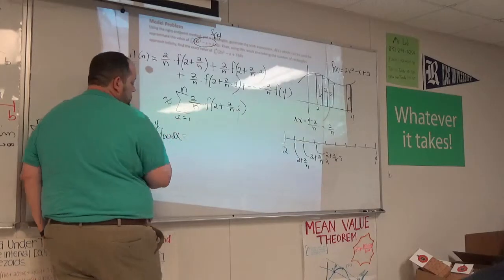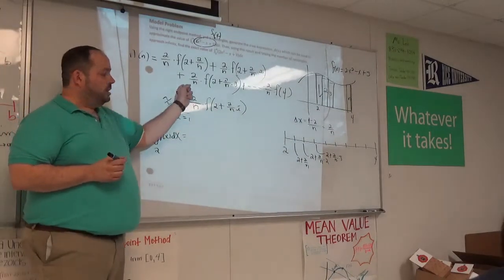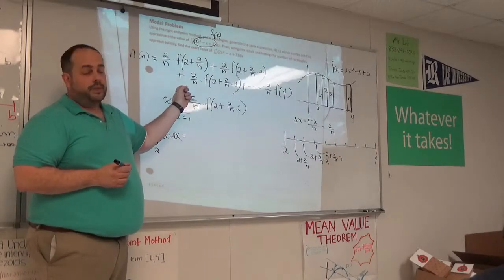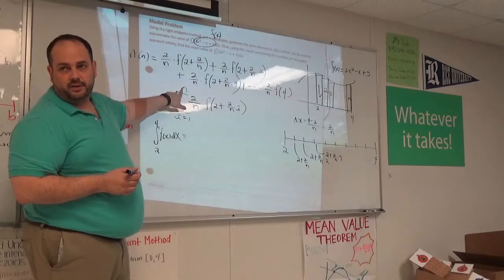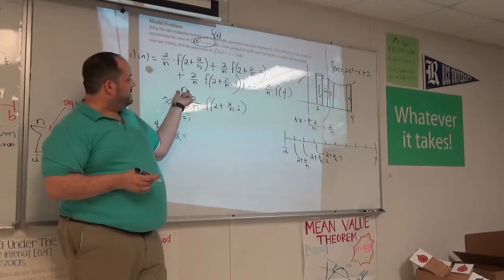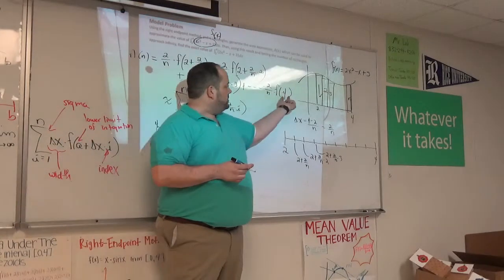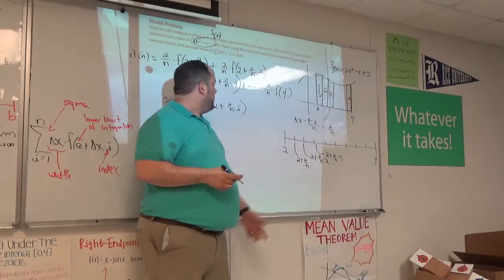Well, I had a question. Sure. For the n on top of the sum, wouldn't there be 4 instead of n? No, it's not going to be 4 because n is the number of rectangles. Oh, okay. Now let's see what happens though. According to Jasmine, I'm supposed to get 4 as the final value that I'm plugging in.